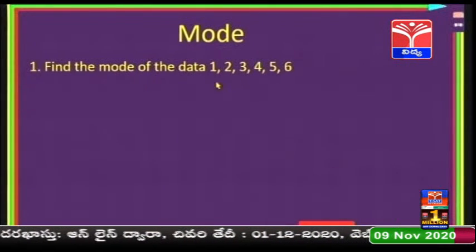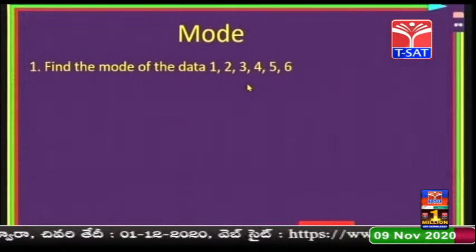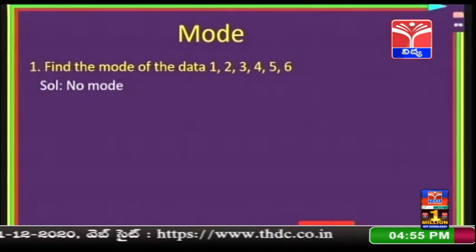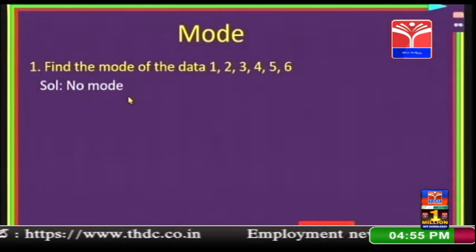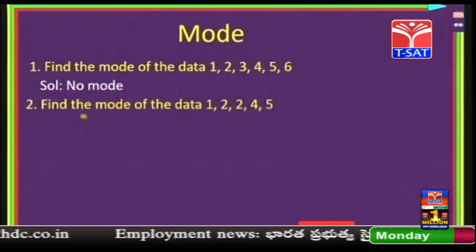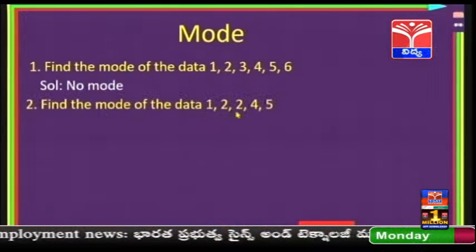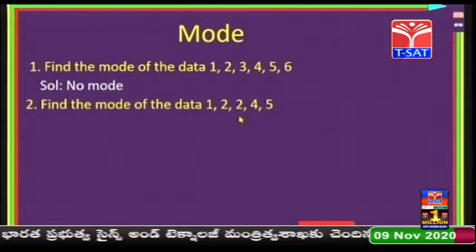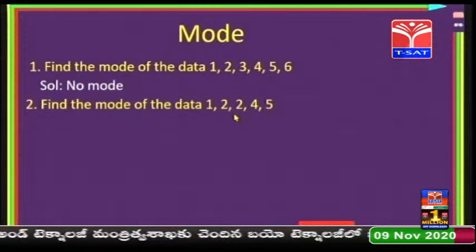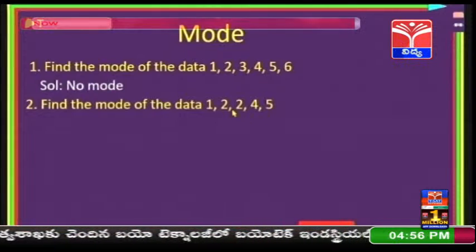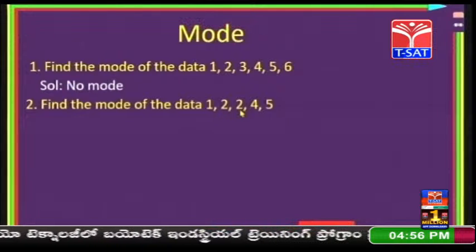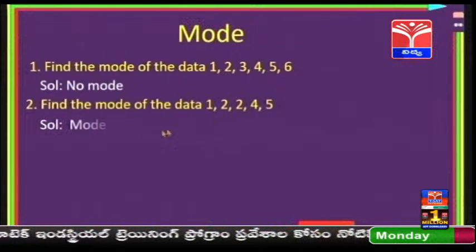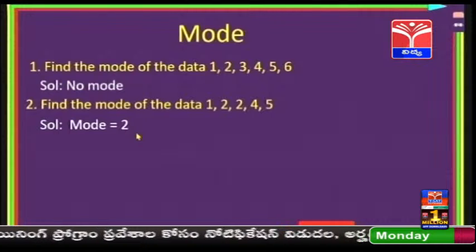Is there any such observation? No. So in this case we have no mode. Next example, find the mode of the data 1, 2, 2, 4, 5. Which observation is repeated? Clearly 2 is repeated twice, therefore the mode is 2.